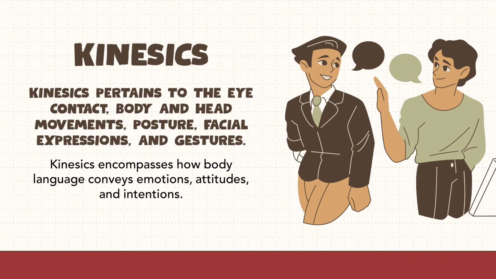The word kinesics comes from the root word kinesis, which means movement, and also refers to the study of hand, arm, body, and face movements. These nonverbal cues often add depth and clarity to verbal communication, helping to convey underlying emotions and messages.